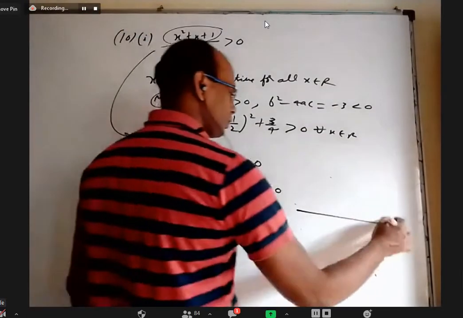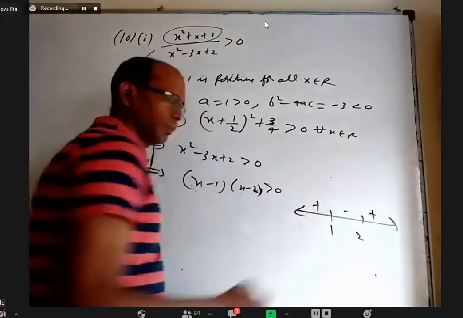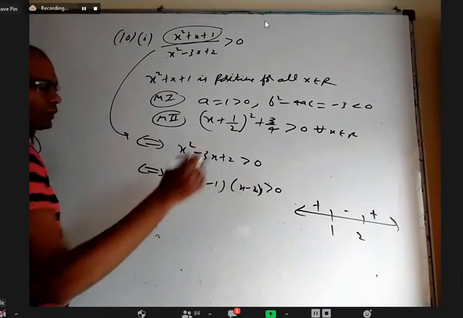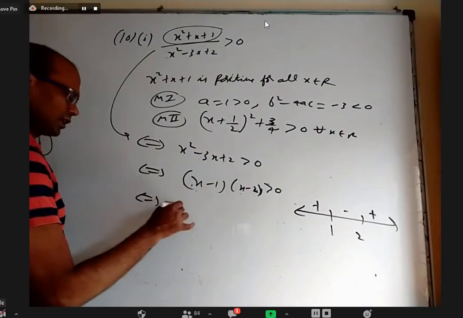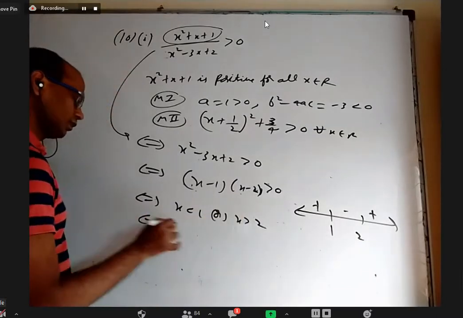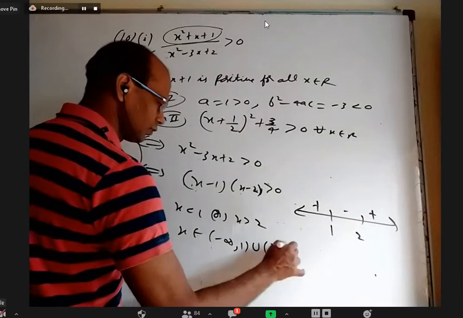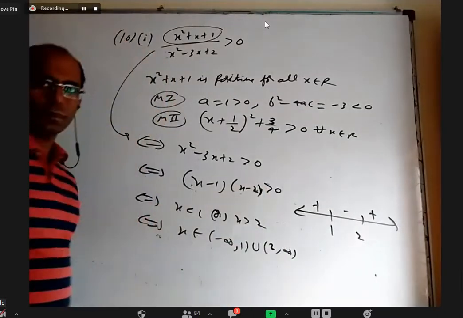If you want, you can draw a number line and say after 2 it is positive, here negative, here positive. The whole product. So this double implies x less than 1 or x greater than 2, which double implies x belongs to minus infinity to 1 union 2 to infinity.